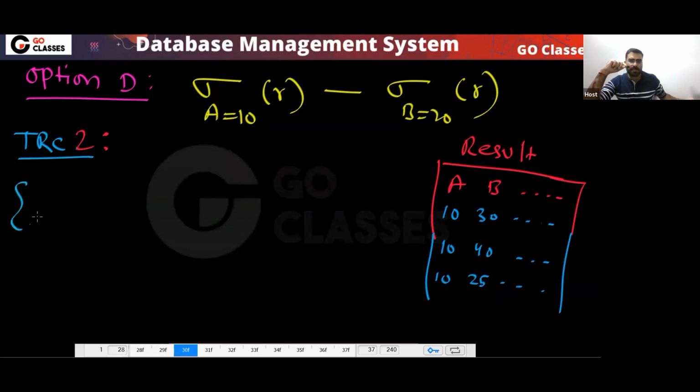So I will create a T variable here in the result, and I will say that this T must be exactly the same as this tuple. When can I say this tuple will come in the result? This tuple will be in the result if this belongs to R as it is.